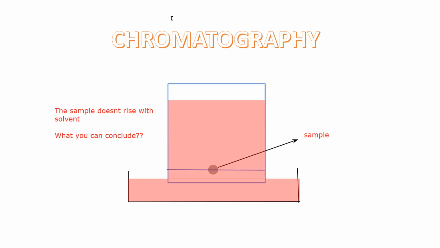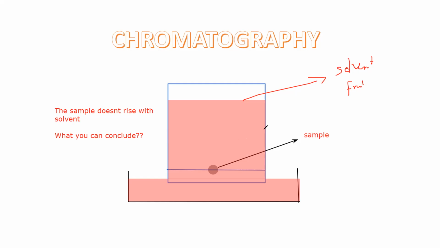What we can say: we place a sample, we use a solvent, the solvent rises, and the last point where the solvent rises is called the solvent front. But we don't see the sample rise with the solvent. What can I say about this substance? Even if there is one spot, it does not rise.